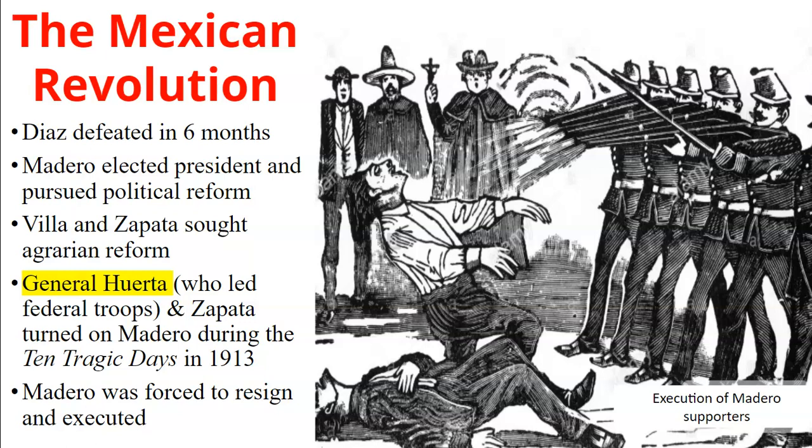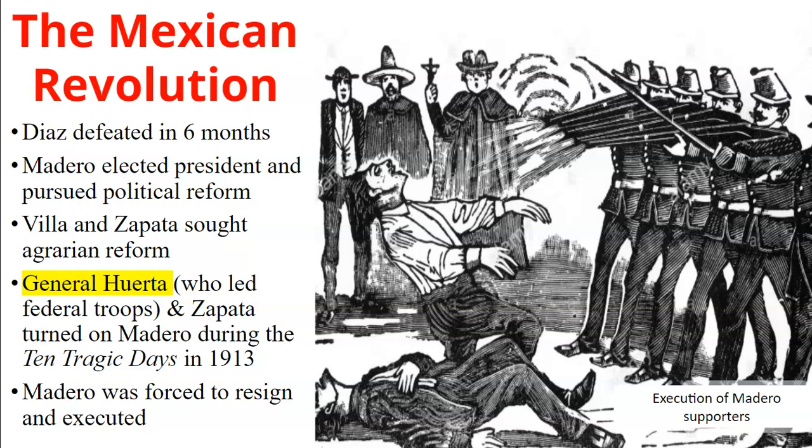So he's the president, everything's going really, really well, but then the conservatives see him as weak and too liberal, and the revolutionary fighters who used to fight with him see him as too conservative. Basically, the guy couldn't win. So we're going to have this event in February of 1913, known as the Ten Tragic Days, where he and his vice president were forced to resign and both were assassinated.